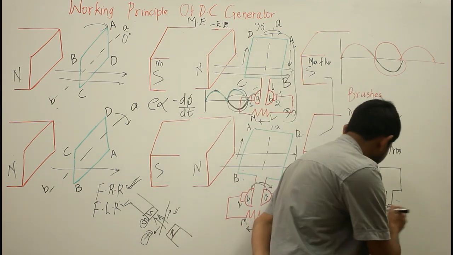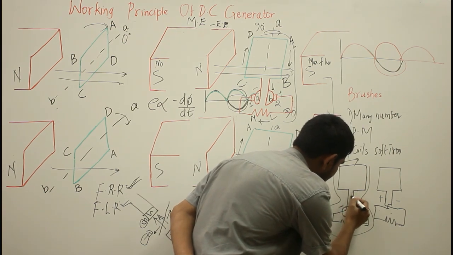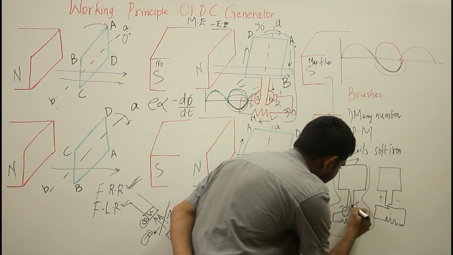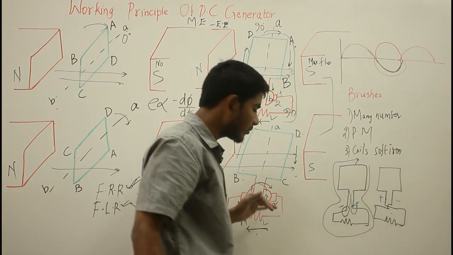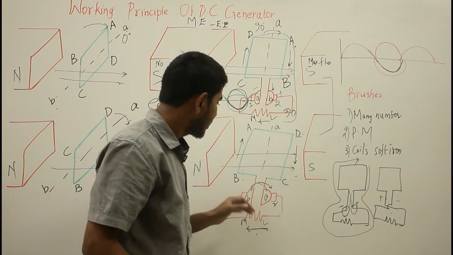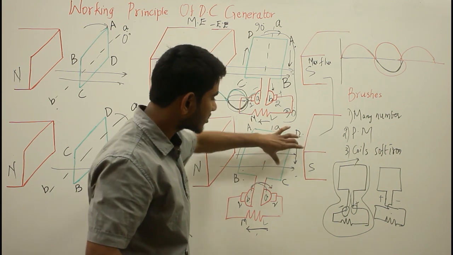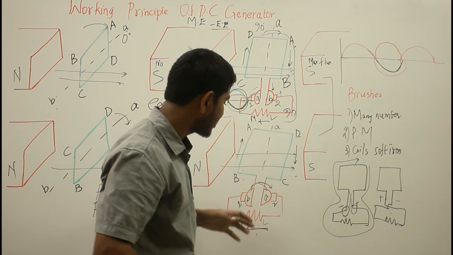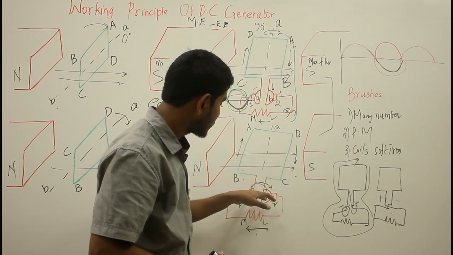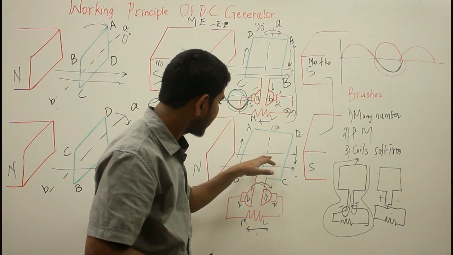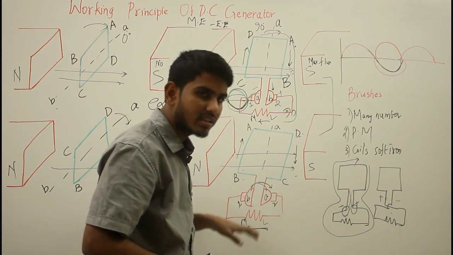Generally, I am just changing the armature terminals with the help of commutator segments, because the commutator segments are revolving along with the armature. Every time the plane of rotation of this coil is perpendicular to the magnetic flux lines, the commutator segments keep on switching. So the switchover takes place whenever the coil is perpendicular to the magnetic flux lines and the brushes remain stationary.